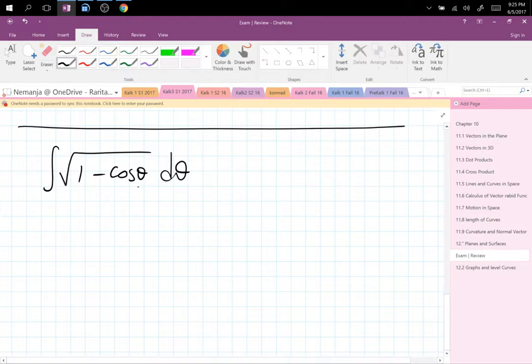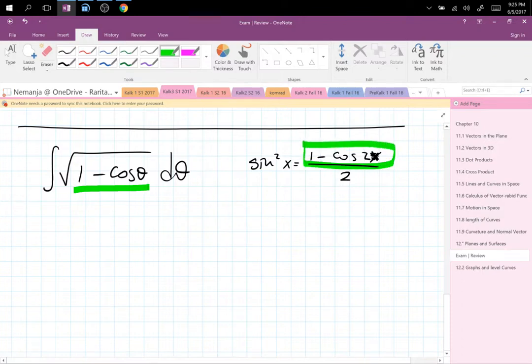But since this is the case, here's what you need to know. You need to know that sine squared x is equal to 1 minus cosine 2x over 2. And now you see that there is similarity between this and that. So now you already are comparing that your theta is equal to 2x. You can call it substitution if you want to.